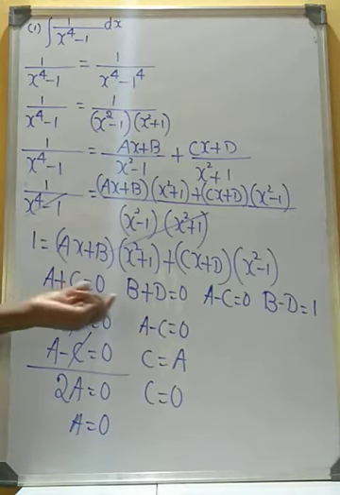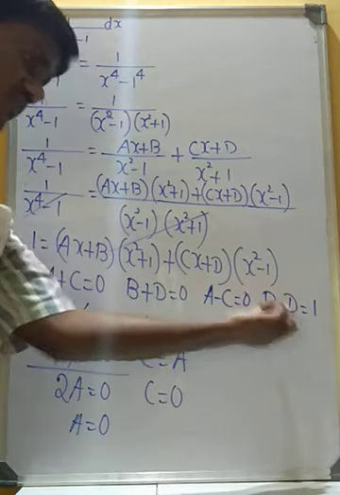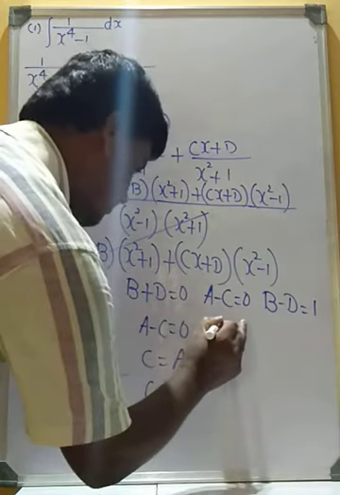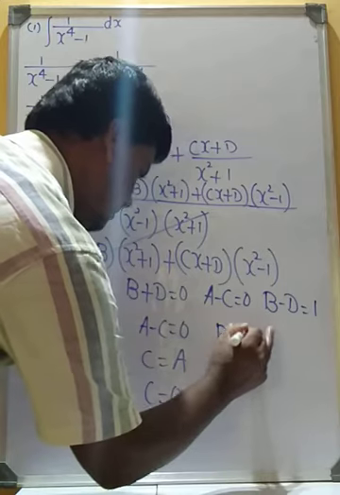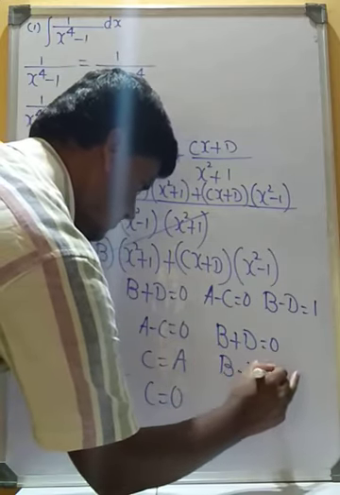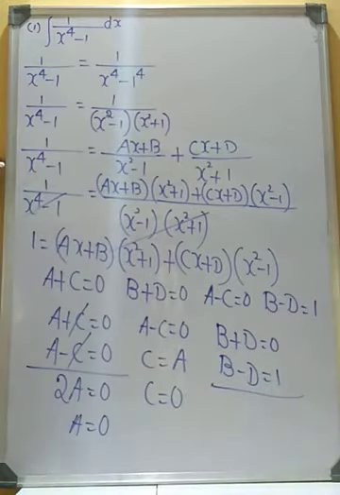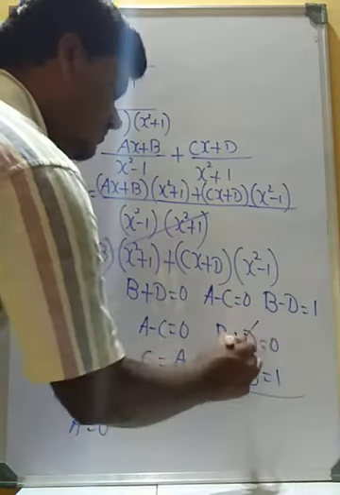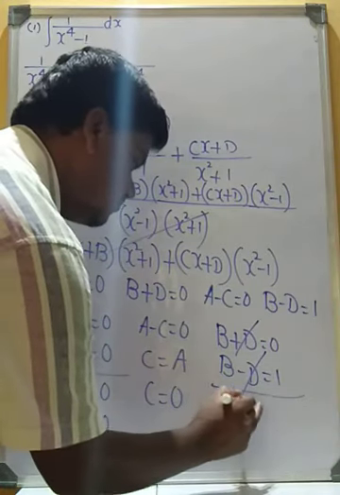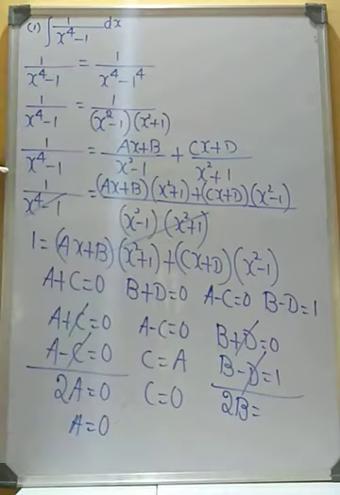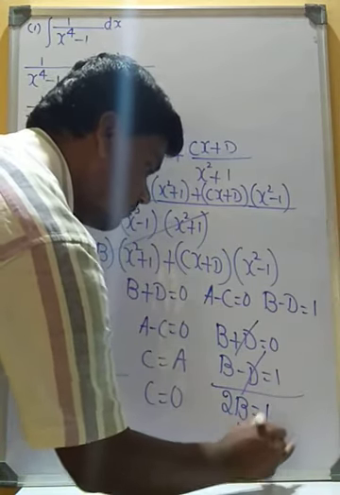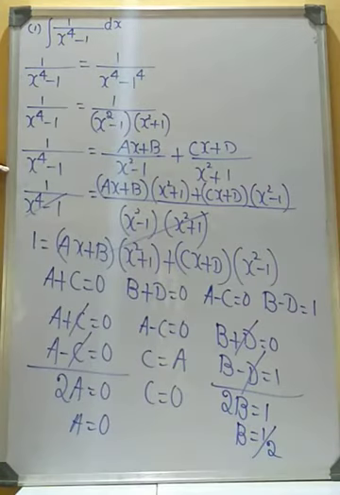Next consider the second and fourth equations, b plus d equal to 0 and b minus d equal to 1. Adding these equations, plus d minus d cancels, and b plus b becomes 2b equals 1 plus 0, which is 1. Therefore b equal to 1 divided by 2.